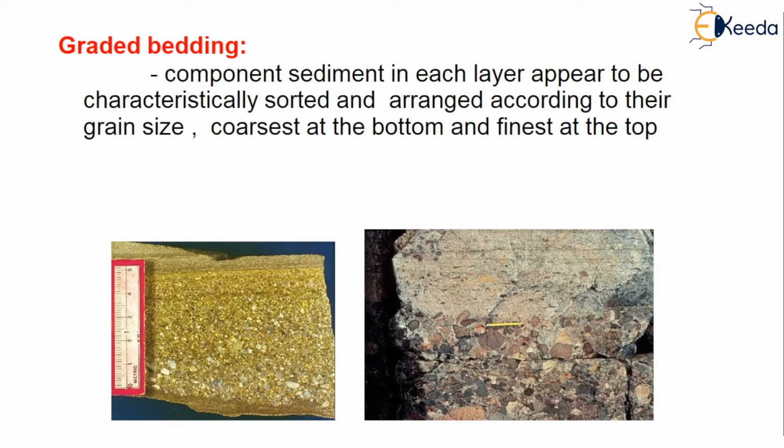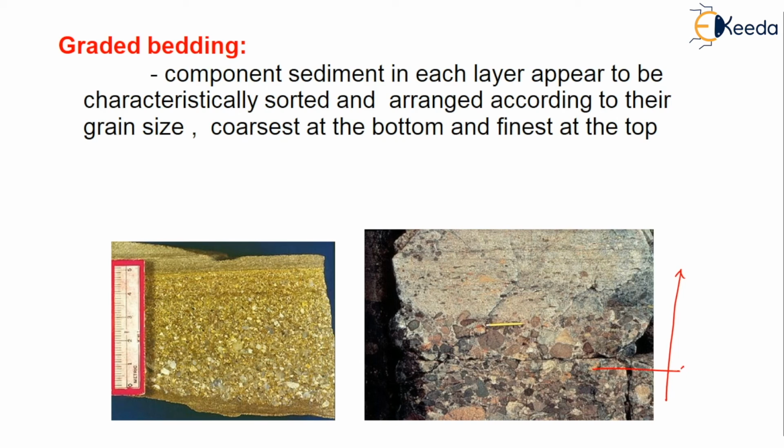Coming to graded bedding, what do you mean by graded bedding? It is nothing but the component sediment in each layer which appears characteristically sorted and well arranged according to grain size, coarsest at the bottom and finest at the top. See how it looks. The size of the grain goes on decreasing.